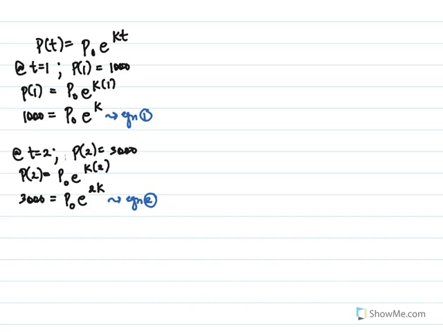So from equation 1, we can rewrite this as 1000 equals P naught e to the k. So that's P naught equals 1000 over e raised to k.